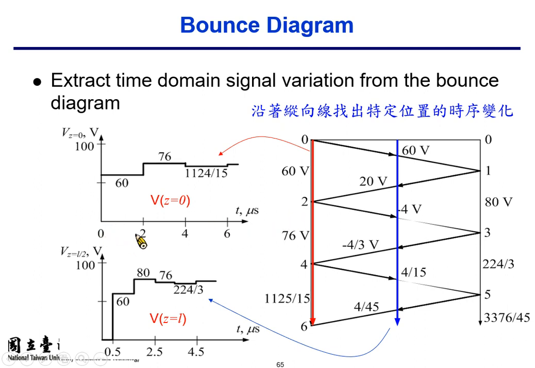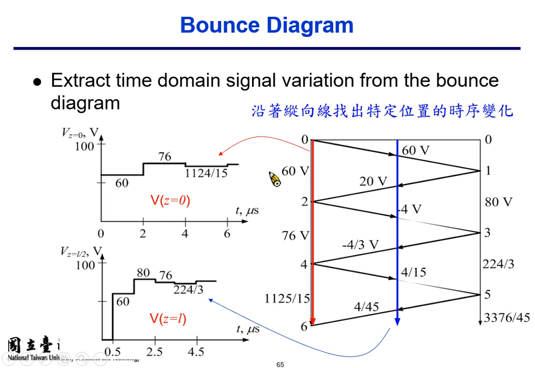So between 0 and 2, you observe 60 volts. Between 2 and 4 microseconds, you observe 76. And between 4 to 6, you observe this number. Can you tell me what is the eventual number of this thing? 75. Why?